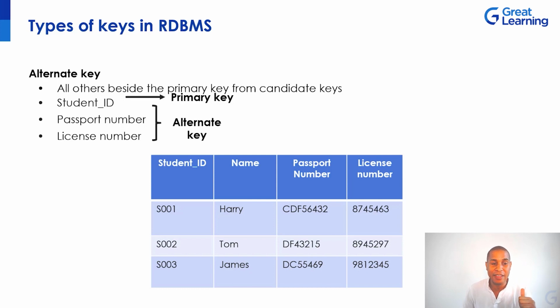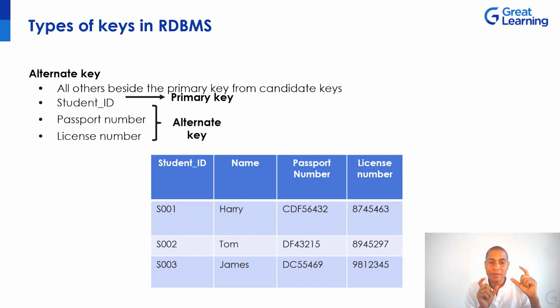And by nature, the other columns, such as passport number and license number, that are also unique, become an alternate key, because we can use those for other purposes or other merge or join.